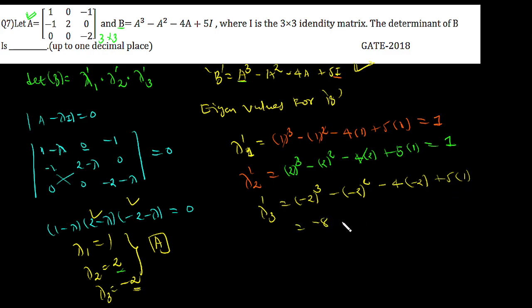Here minus 8 minus 4 plus 8 plus 5. Again this and this will cancel out, and we are getting the eigenvalue as 1.